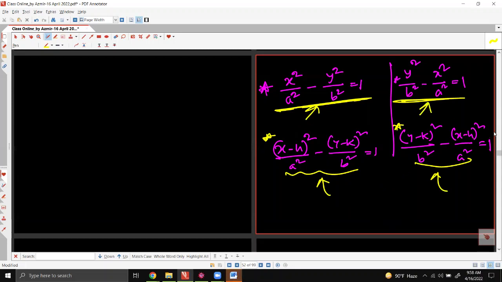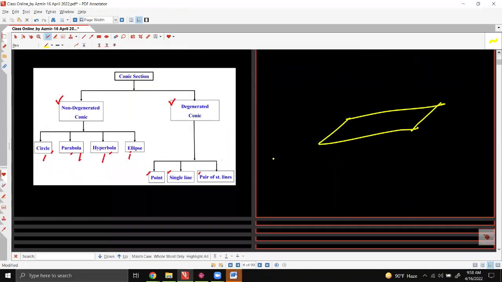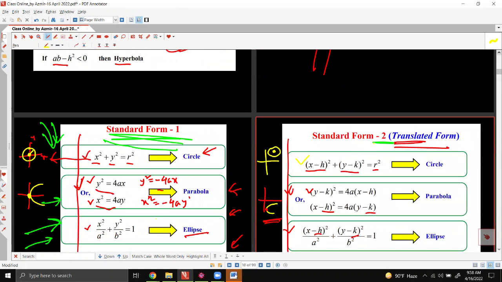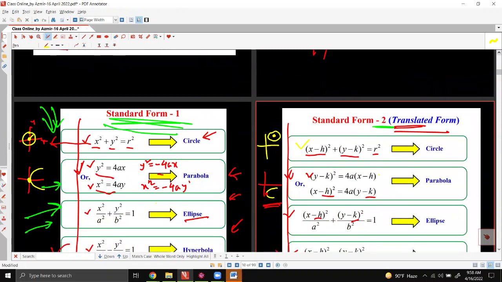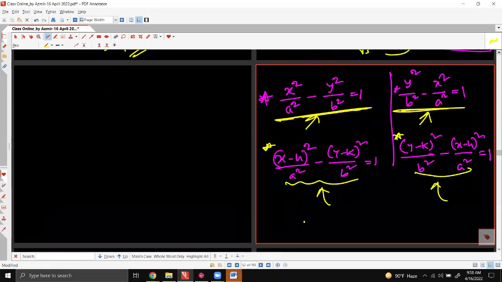I have mentioned at the very beginning that there are two standard forms. If we have a standard form 2 with k, then these are translated equations. That means the center, the vertex will not be at the origin. It will be shifted from origin. So let us have a look on the formulas for these two equations.